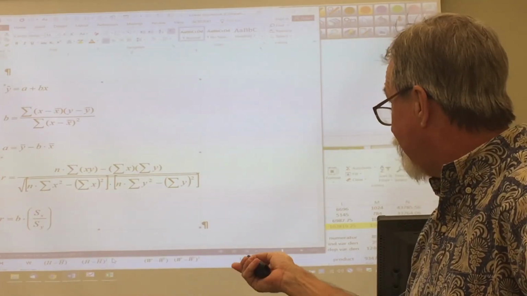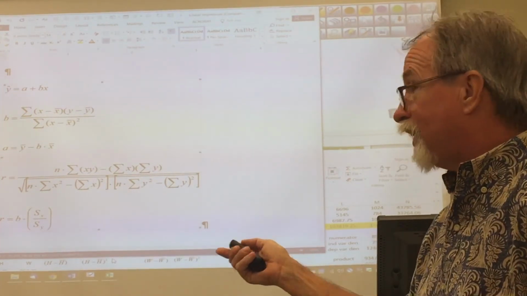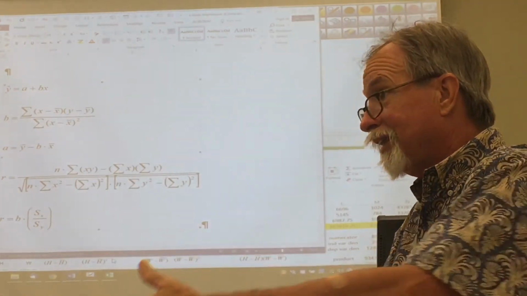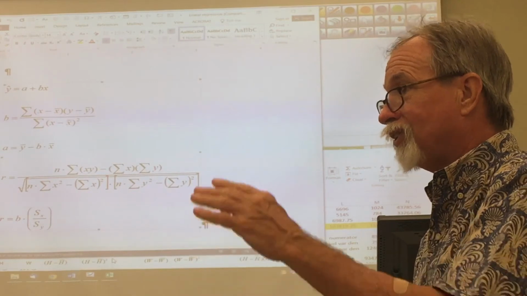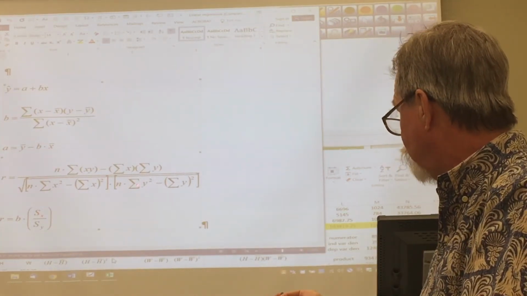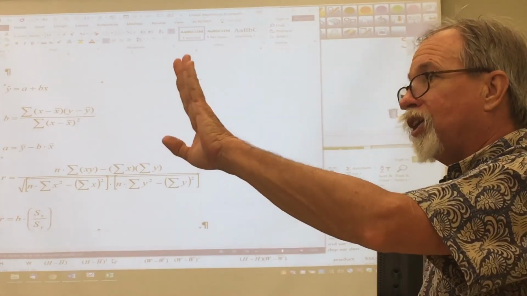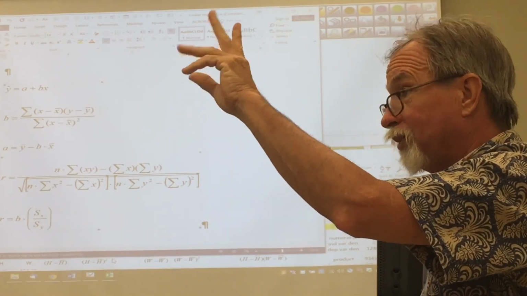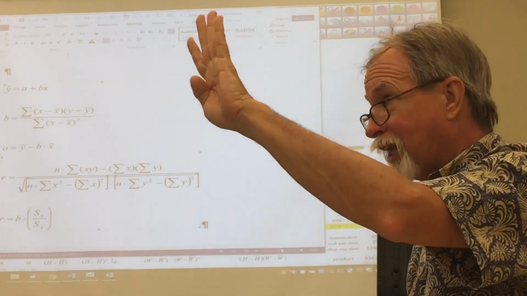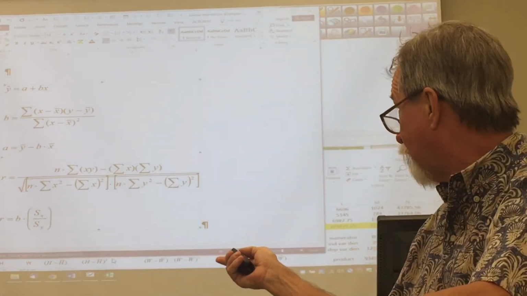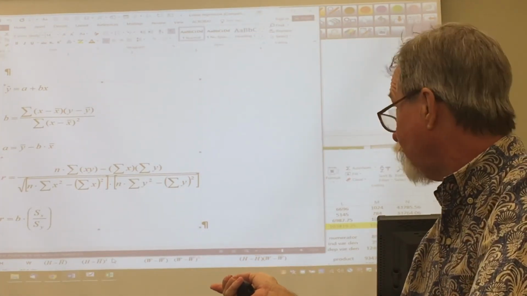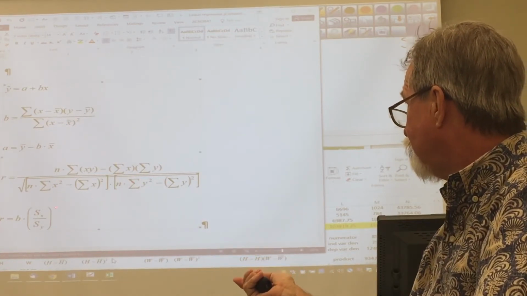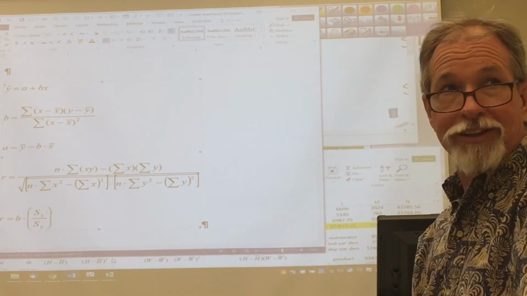That gave me the denominator, which I then used to divide the first thing I calculated. So it takes me 4 steps to get the denominator, 1 step to get the numerator, and then I divide those two numbers to get my R. But this is just basically the same as that.